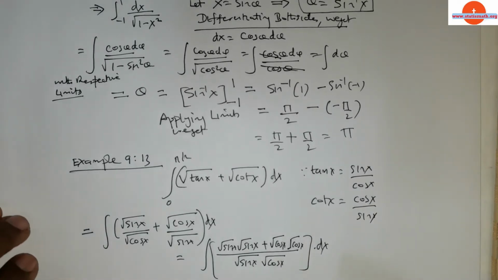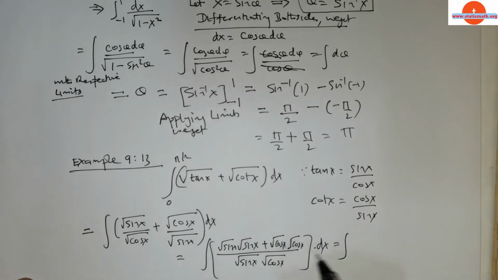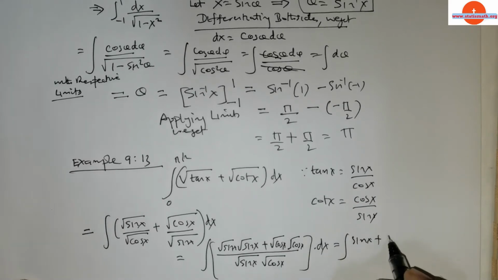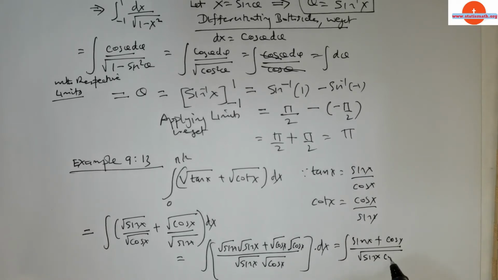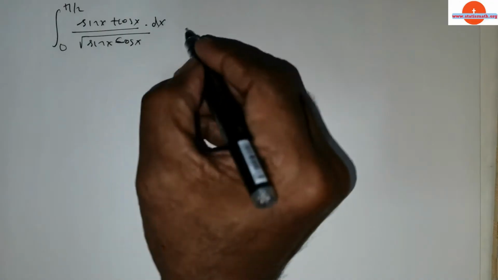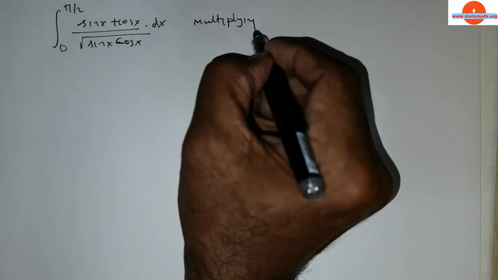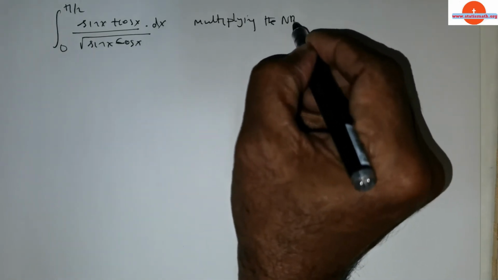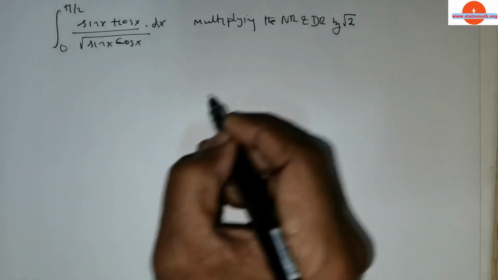So having got like this, I can rewrite this as integral root of sine x times root of sine x will give you sine x, root of cos x times root of cos x will give you cos x, divided by square root of, I can rewrite this as sine x times cos x times dx. So what I'm going to be doing is, I'm going to be multiplying the numerator and denominator by root 2.